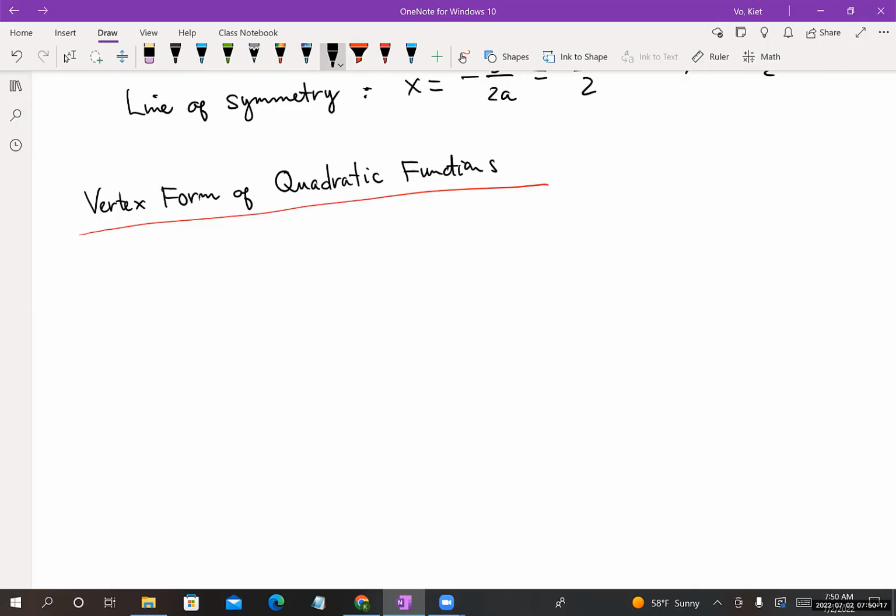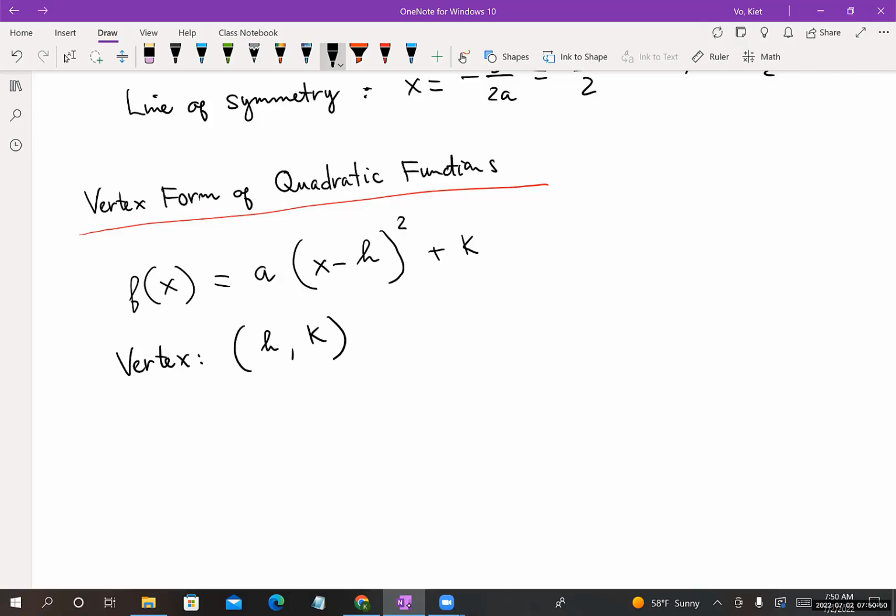The form of it would look like this: f of x is equal to a times x minus h, quantity squared, plus k. If a quadratic function is written in this form, then we can identify the vertex right away. The vertex in this case will be h comma k.